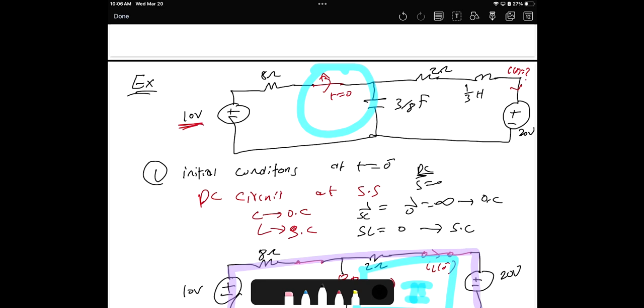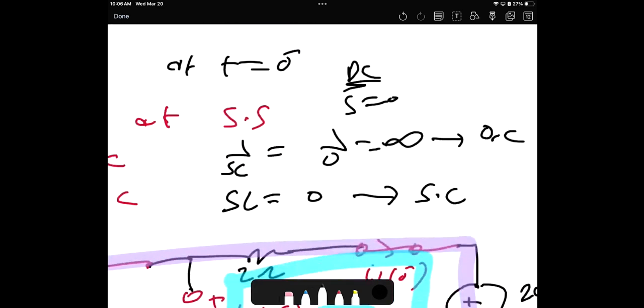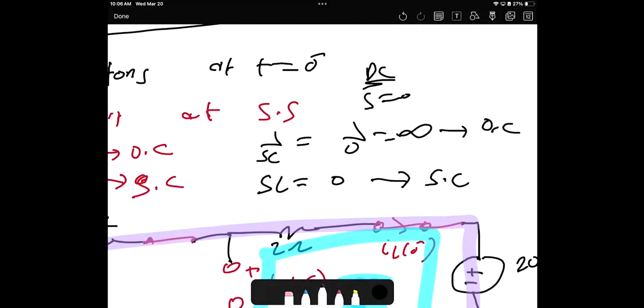This is a DC problem, so in DC circuits, before the switching action, everything was at steady state. This means any inductor will be a short circuit, any capacitor will be an open circuit. In other words, 1 over SC or SL, where S equals 0 in DC, because the frequency is 0.